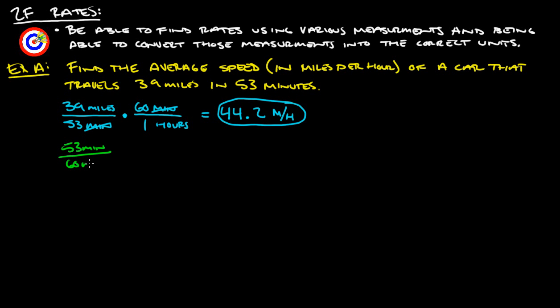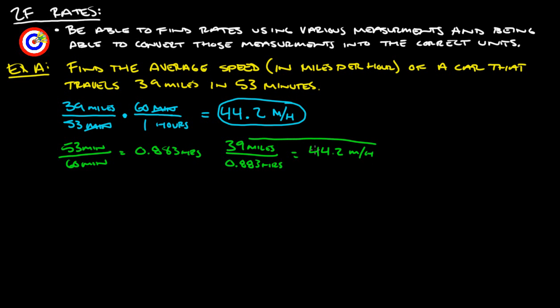So you take 53 minutes divided by 60 minutes, and that gives you 0.883 hours. Then they would take 39 miles in 0.883 hours, and if you calculate that out, you should get exactly what we got here, 44.2 miles per hour.